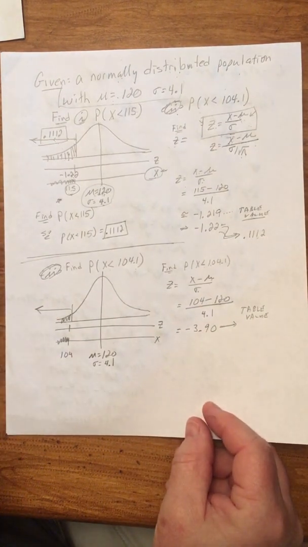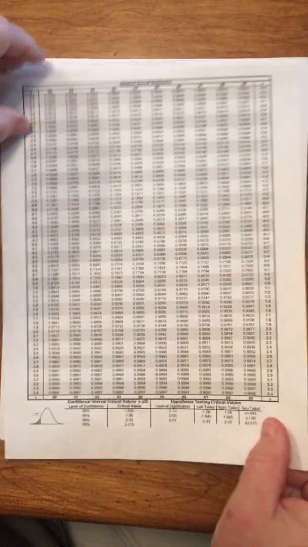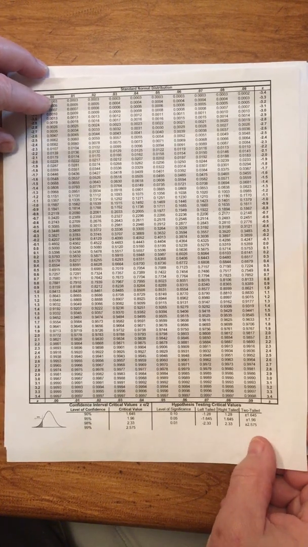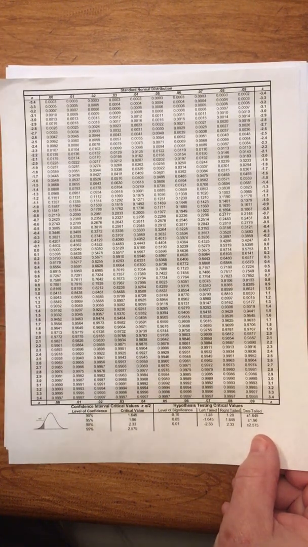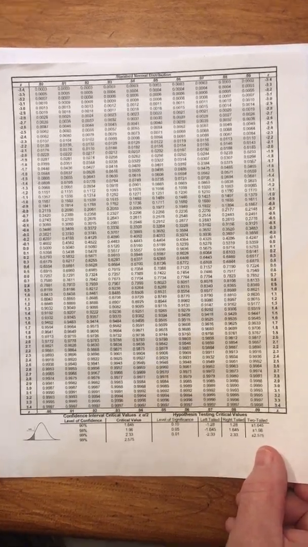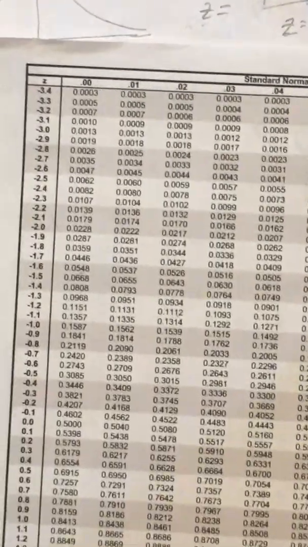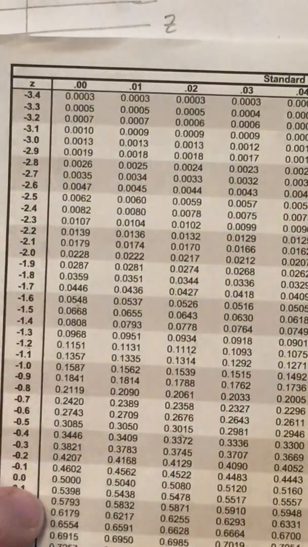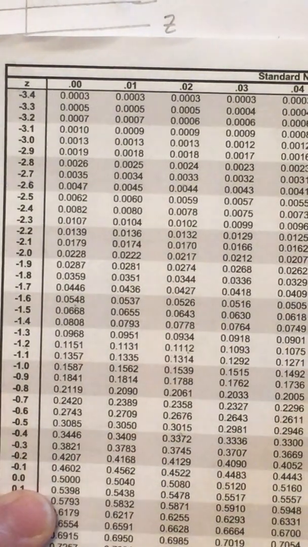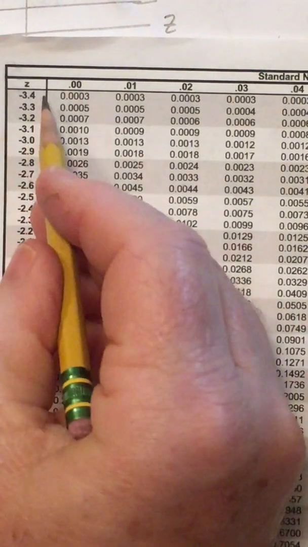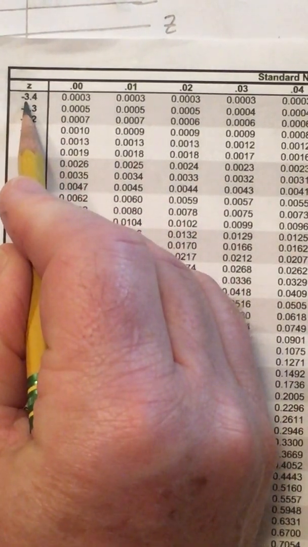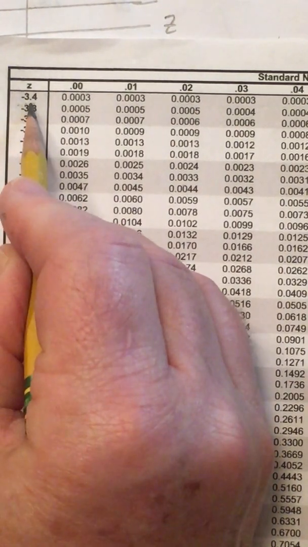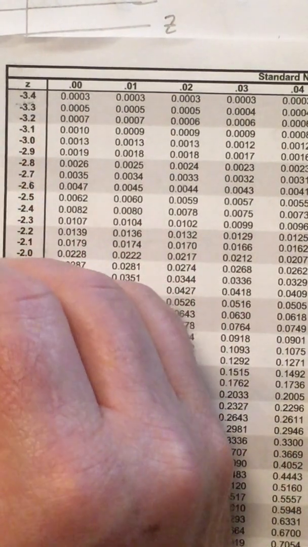We need a table value for negative 3.90. And when we look up negative 3.9 on our table, our table doesn't go far enough. It stops at negative 3.4. The question is, what happens when we go beyond what this table will afford?